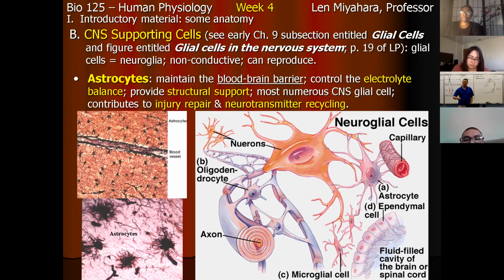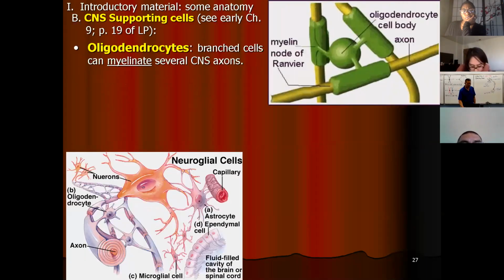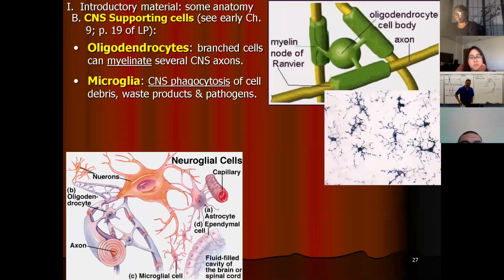That's the first one. Here's the second one, astrocyte. It forms the blood-brain barrier. It's the most numerous of the neuroglial cells in the CNS. Since it contributes to the blood-brain barrier, if you see it wrapped around blood vessels, you know it's an astrocyte. Again, we already mentioned oligodendrocytes, the myelinating cells in the CNS.